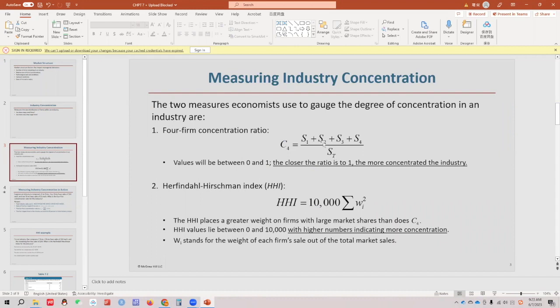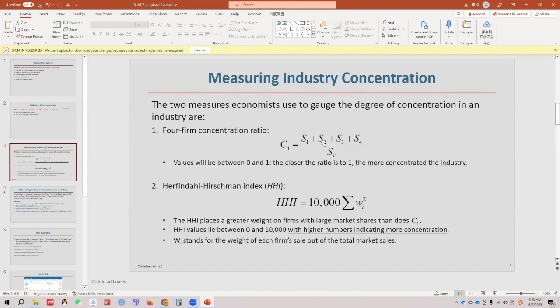If the 4 leading firms, the biggest firms in this industry, still take a very small proportion of the entire industry, then this C4 will be close to 0. The closer this ratio is to 0, the more competitive this industry is.